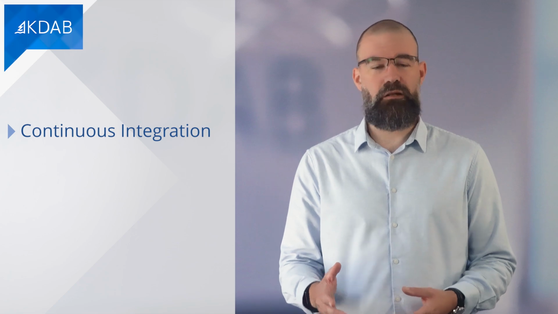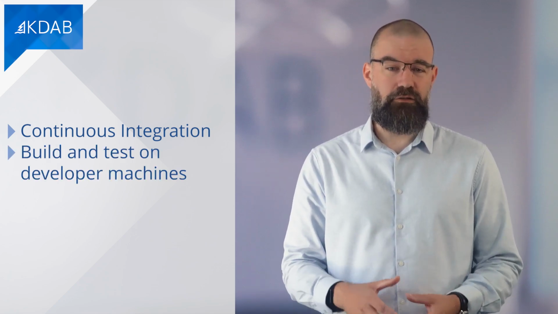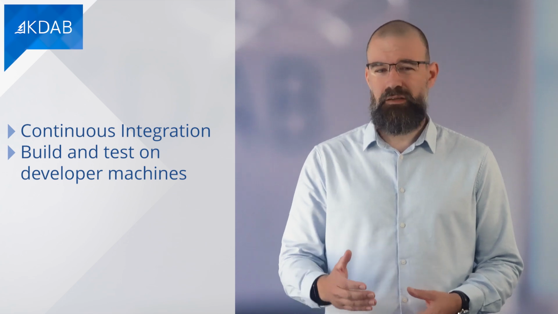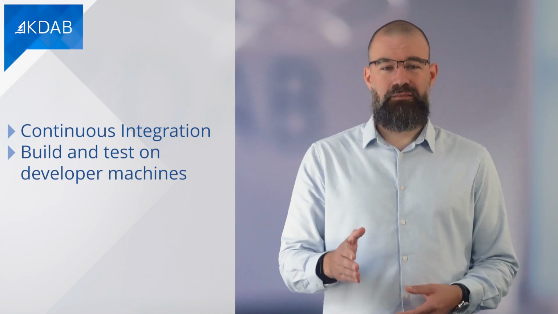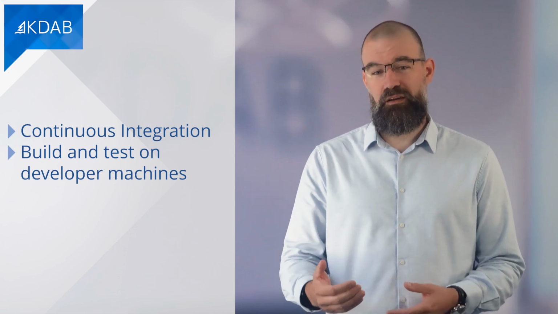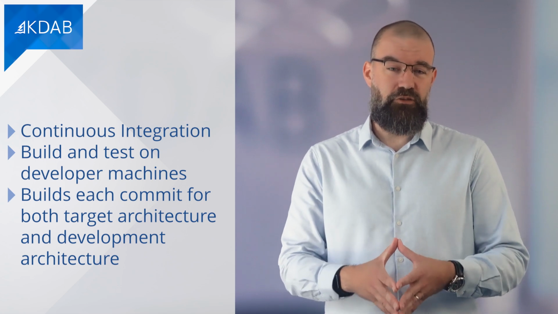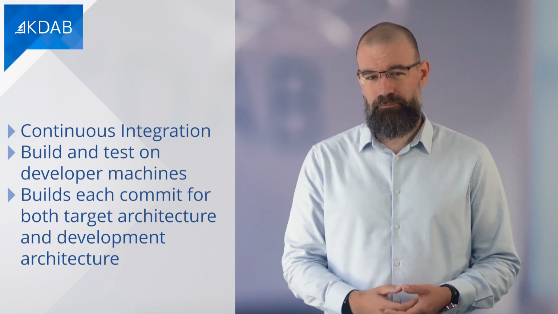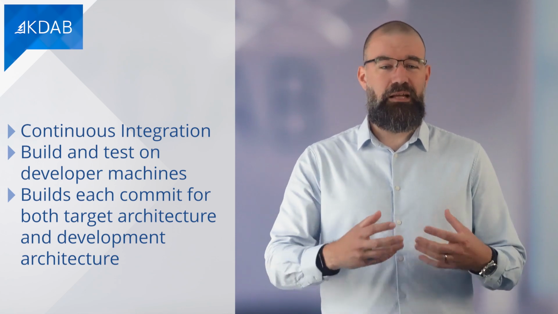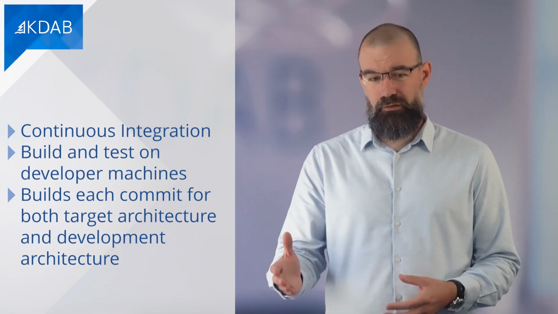When developing embedded Linux software, it is typical to build and test as much as you can on developer machines. This is simply a faster, more productive way to work. However, this makes it crucial that you have a CI setup which builds each commit for both your target architecture and your development architecture before it is submitted. This helps to ensure that you catch any breakages before they can affect the rest of the team or product.